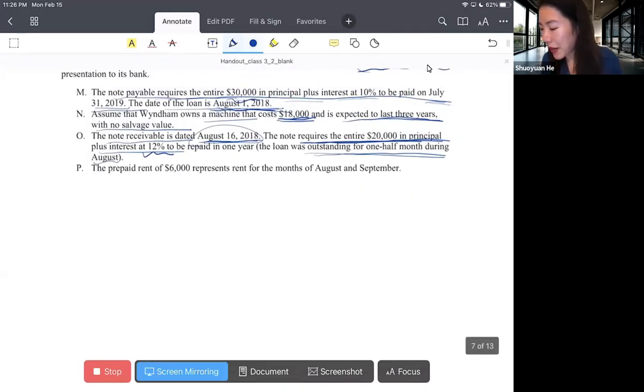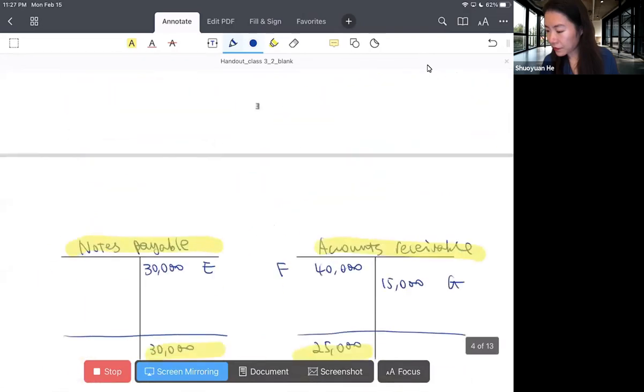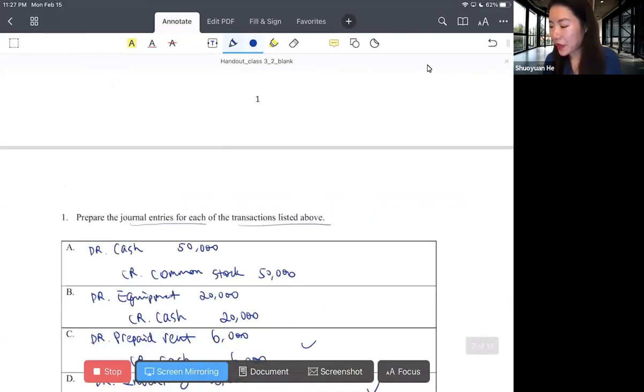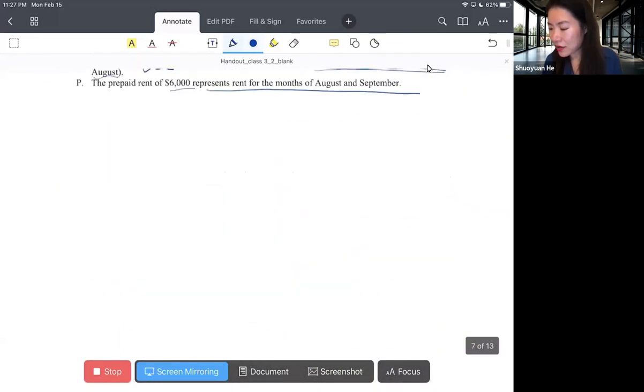The next one, the prepaid rent of 6,000 represents rent for the months of August and September. So here, this is associated with transaction C. On the first day of August, 6,000 was prepaid. So now 1 month has passed.